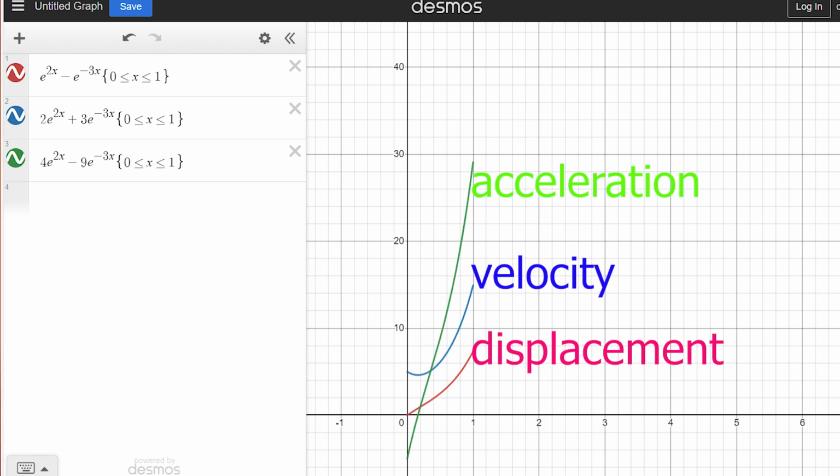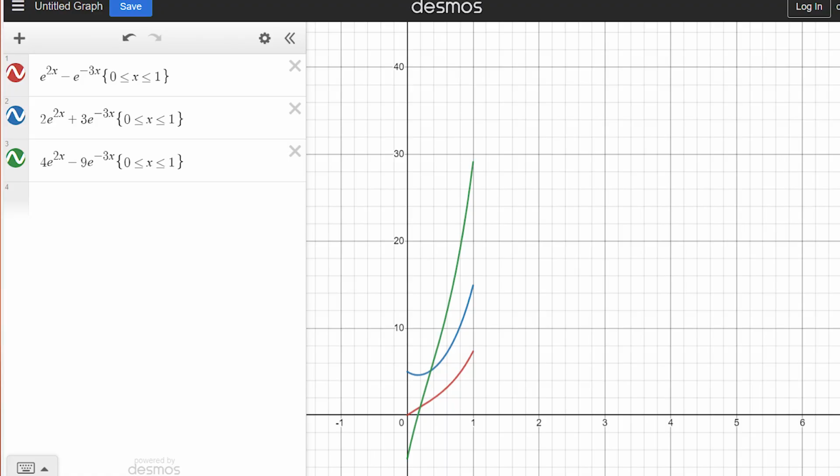You can see the 3 graphs. Those are the displacements, that's the acceleration, and that's the velocity of that function during the 1 second.